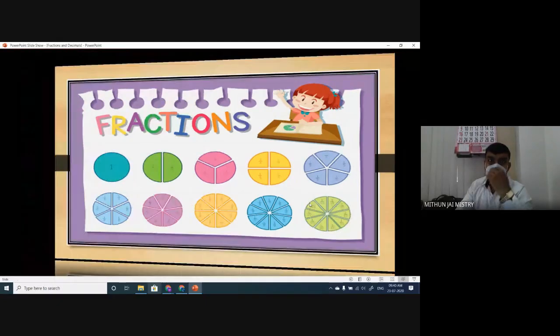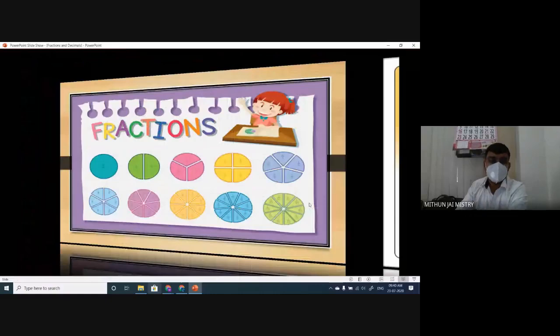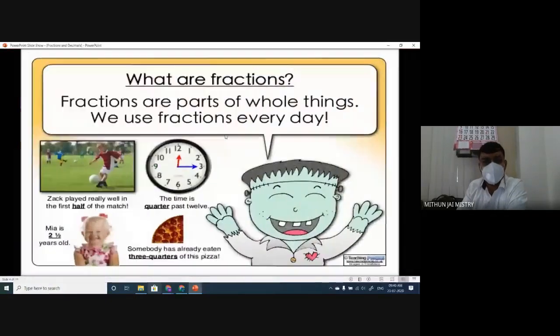See, where do we use these fractions? We use fractions in our everyday life. For example, if somebody asks you what the time is, your answer will be the time is 12:15. Now presently the time is quarter to 10. So what does it mean? Still 15 minutes are there to get to 10.